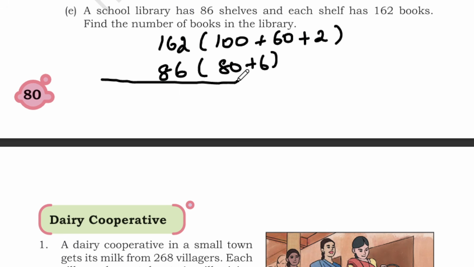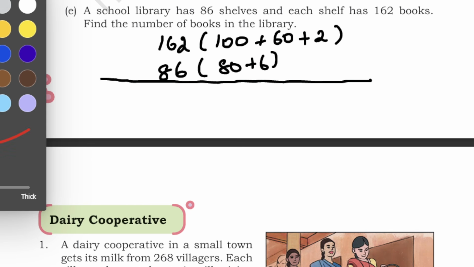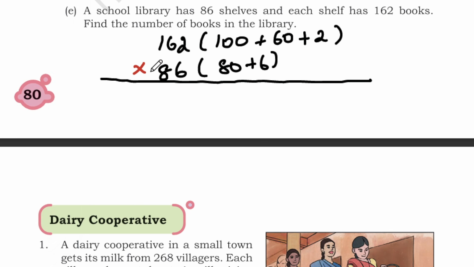Put a line. Okay, now we are going to multiply. So first we will cross multiply first 6.